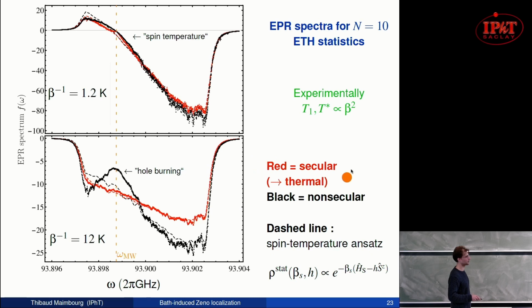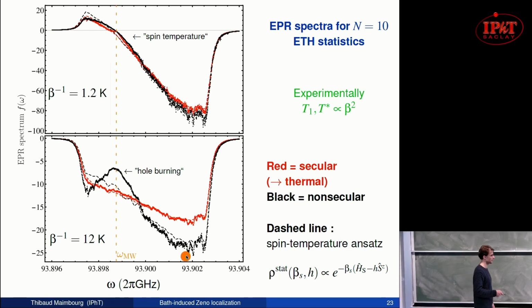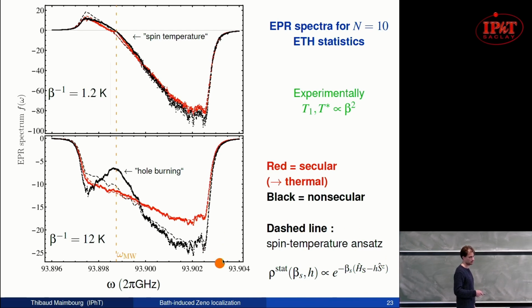And if I had done this with a secular approximation, I would still get a line, because the secular approximation makes you thermalize. You can see it in another way: you can try to fit the steady state density matrix with this ansatz here, which is a thermal ansatz that you expect if the system is thermalizing.